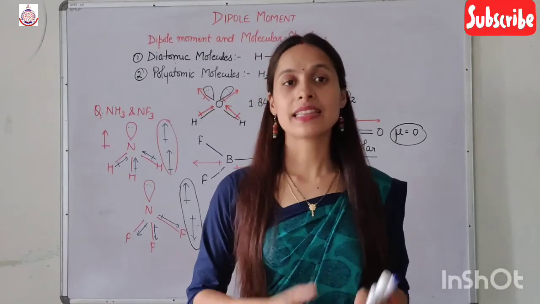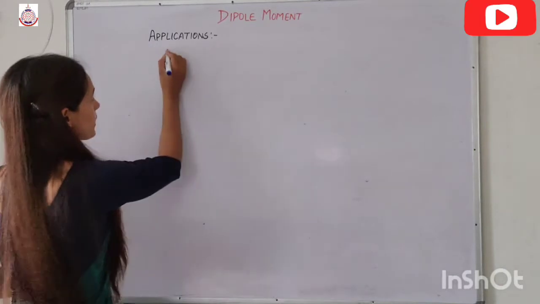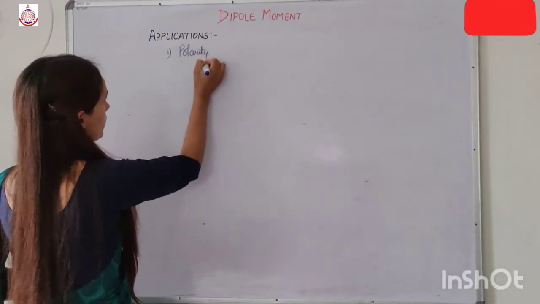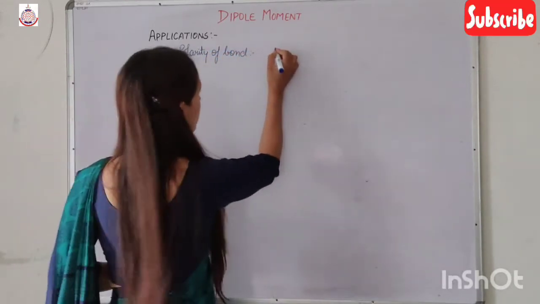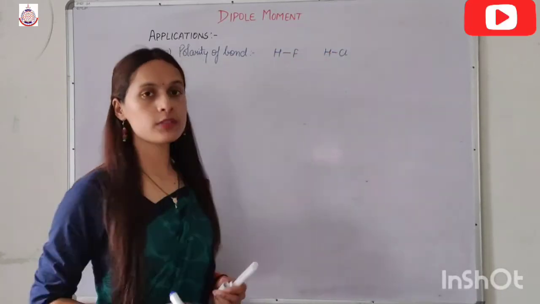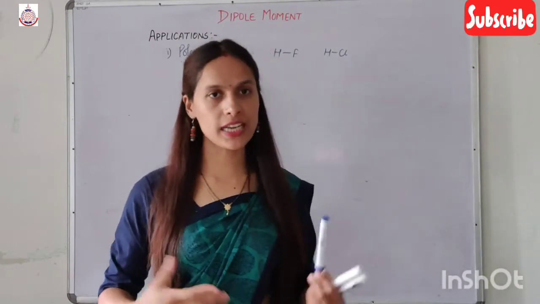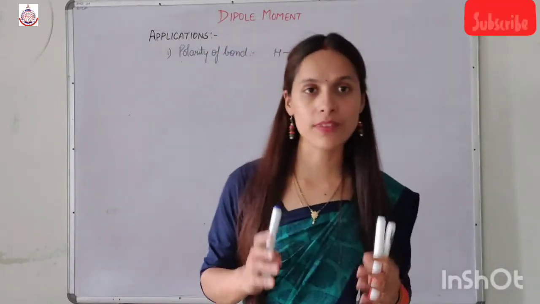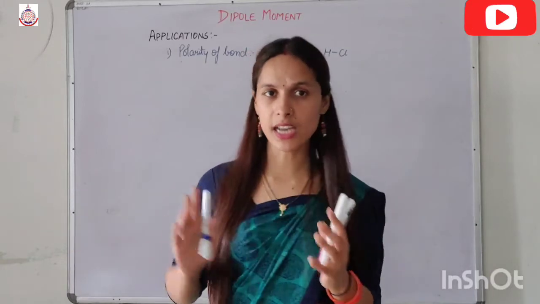Now we'll study the applications of the dipole moment. The first application is in determining the polarity of a bond. Now suppose I have HF and HCl. Which bond is more polar? We can say with the help of the electronegativity difference also, but with the experimental value, we can prove it.